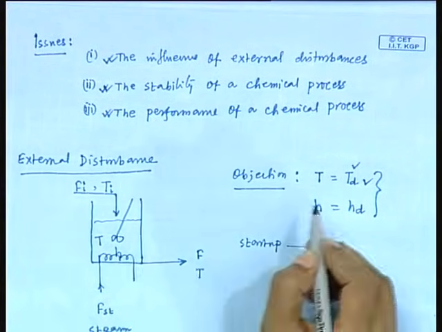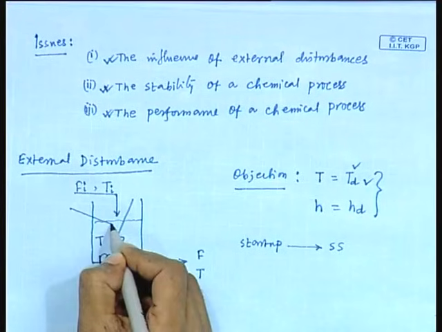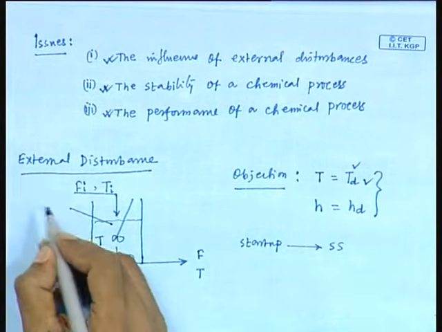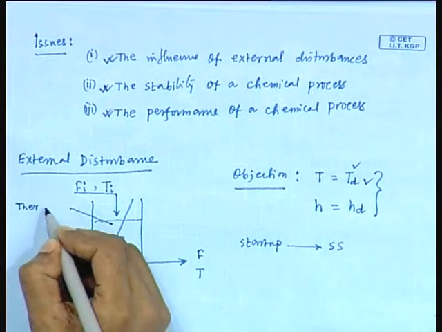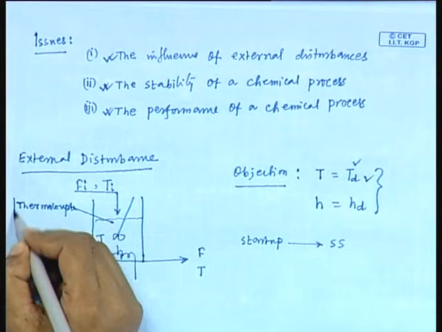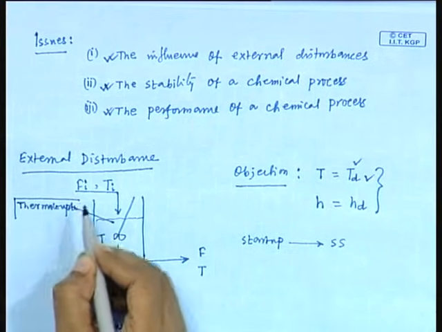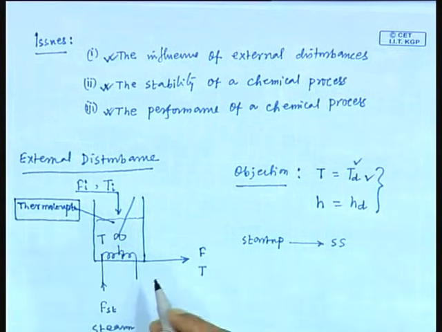First of all, we have to measure this temperature of this liquid stream. We can measure the temperature using one thermocouple. So, this is a thermocouple employing which we can measure the temperature of this liquid.